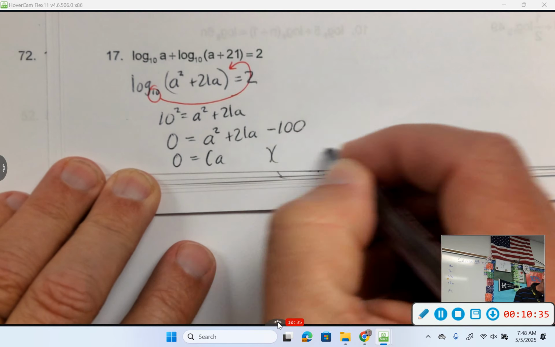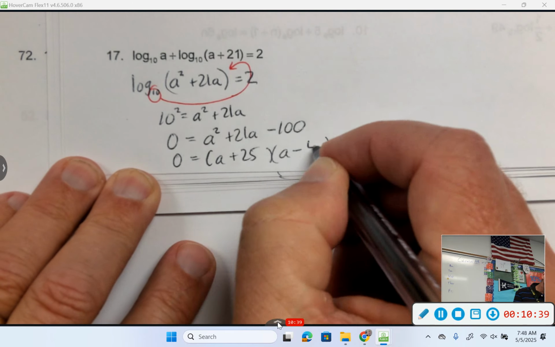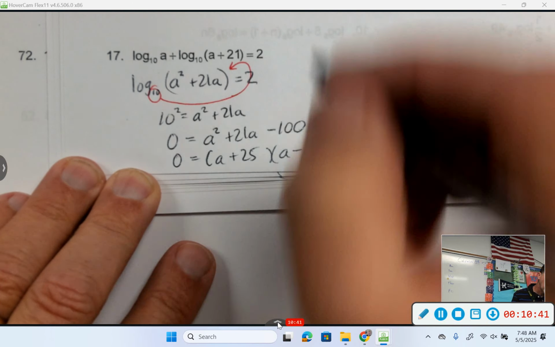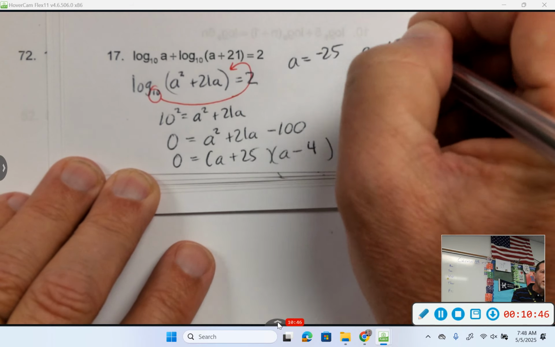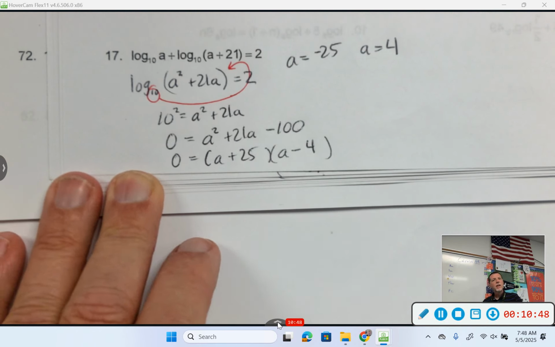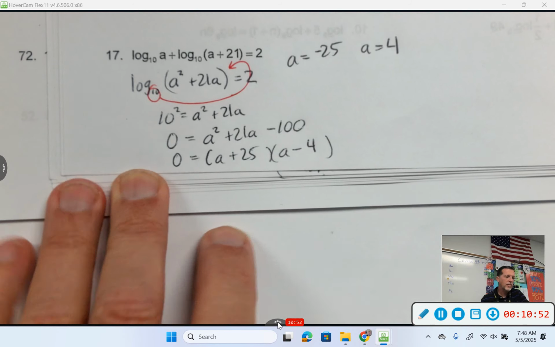Let's see. Yeah, 25 and 4. Plus 25 and minus 4. So A equals negative 25 and A equals 4. Which one doesn't work?